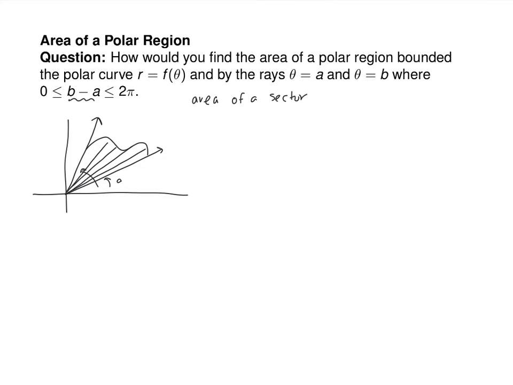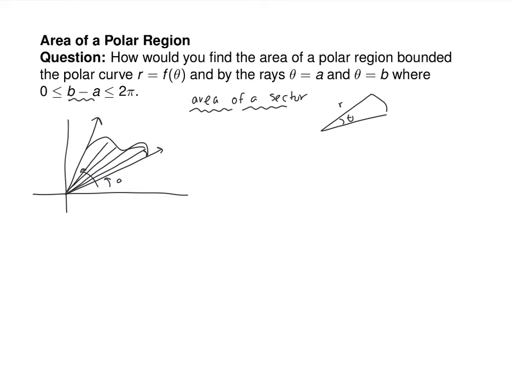And you can see that those little pieces are going to be kind of like a part of a circle, at least close enough. There'll be a little bit of over- and underestimate, but if we make smaller and smaller slices, we're going to get the actual area.